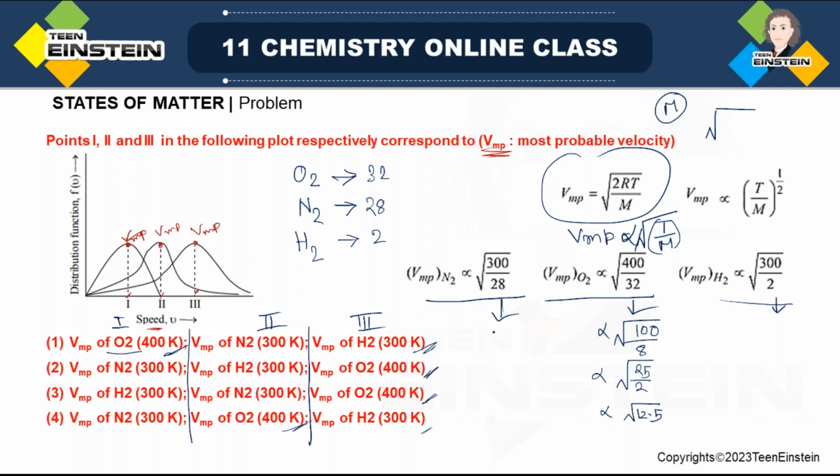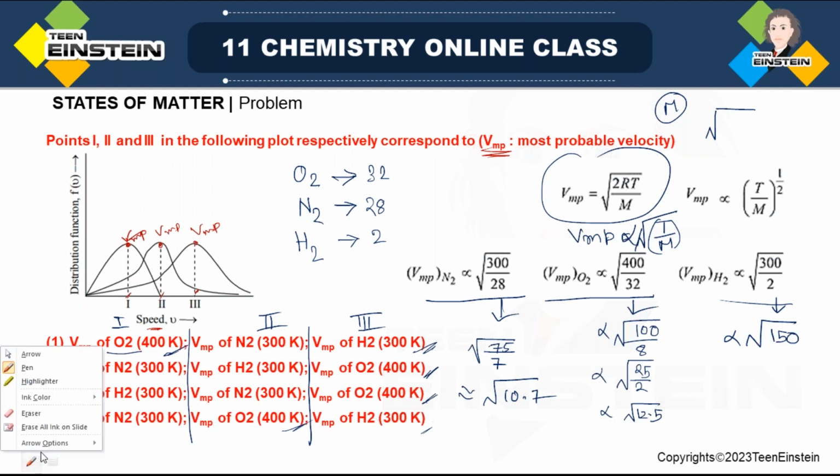For nitrogen, it is 300 by 28. That means you can change it, if you divide each by 4, it will be 75 by 7. Now this is almost equal to 10.7. And for hydrogen, it is simply 150. So what conclusion can you draw now?